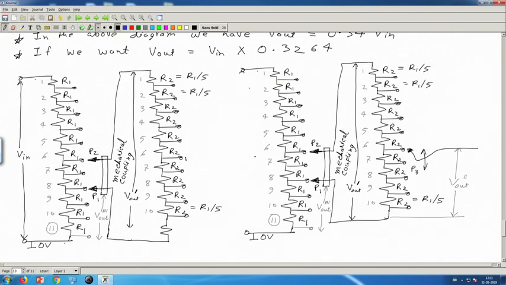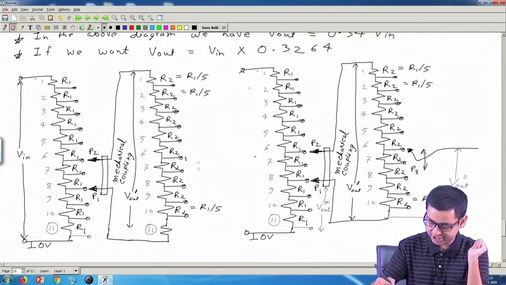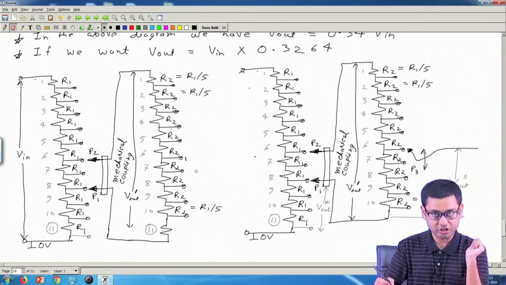Okay, so we have 11 resistances both in the first and second stage, and we have to ensure that this total resistance is the same as these two resistances, and I am telling you that this total resistance is going to be 10 R2, not 11 R2. Why? Hold on for a few minutes.